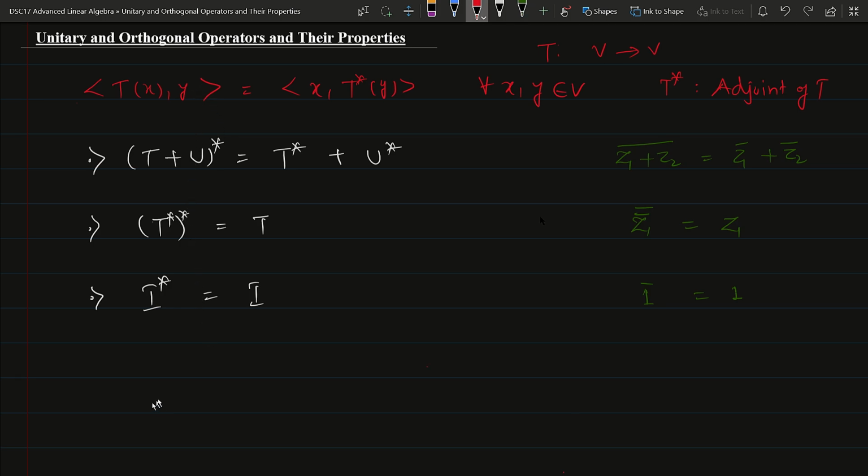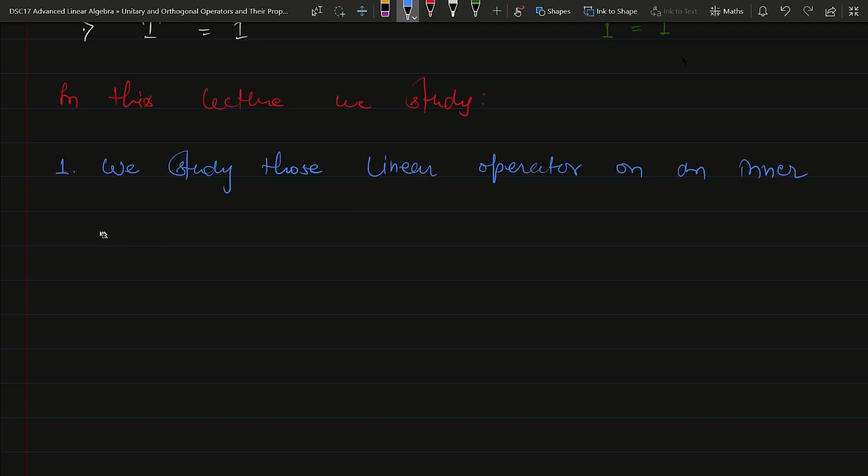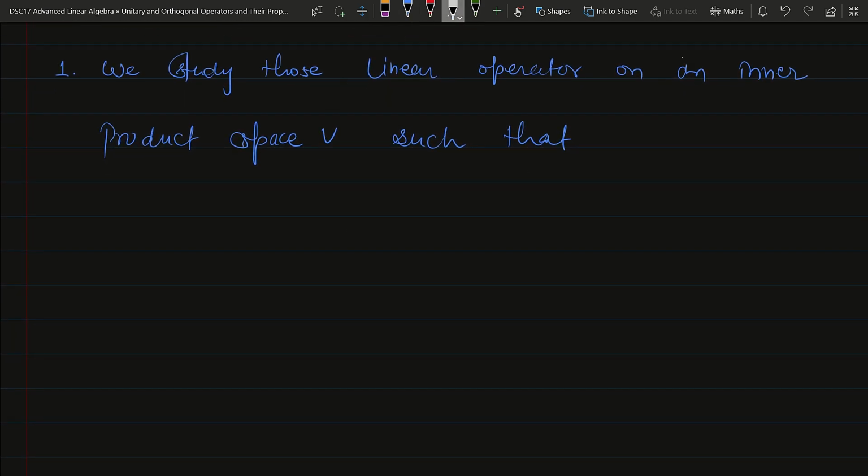Okay, now let me tell you what kind of linear operators we will deal with in this lecture. In this lecture we study those linear operators on an inner product space V such that, first of all, we have this kind of property.